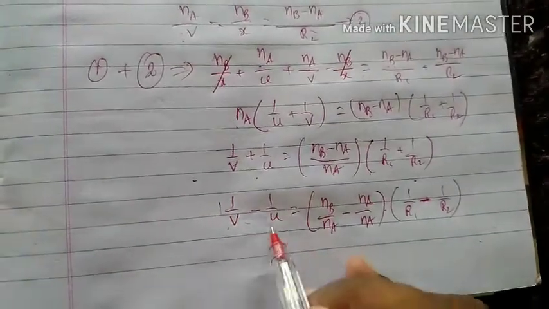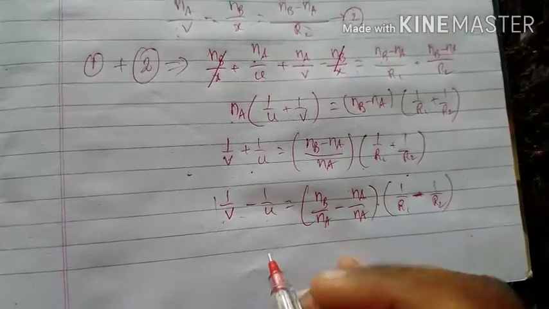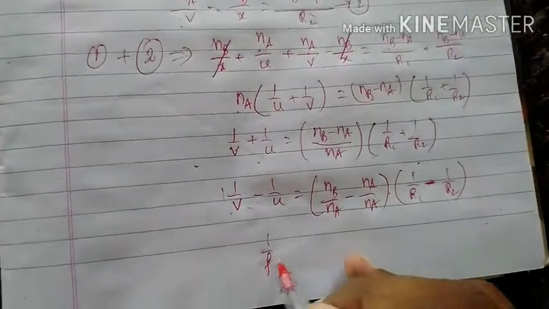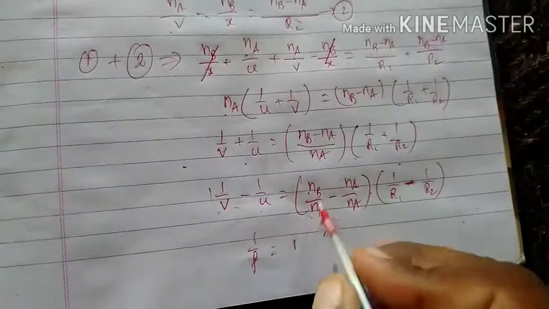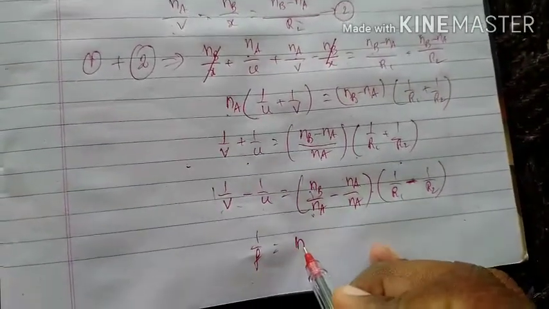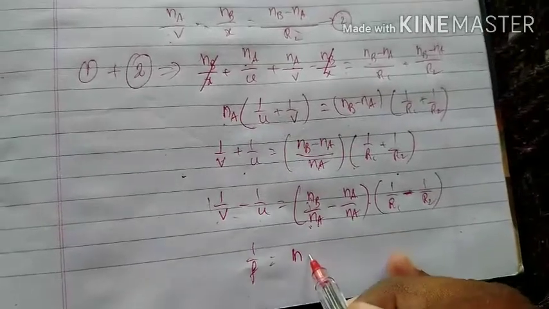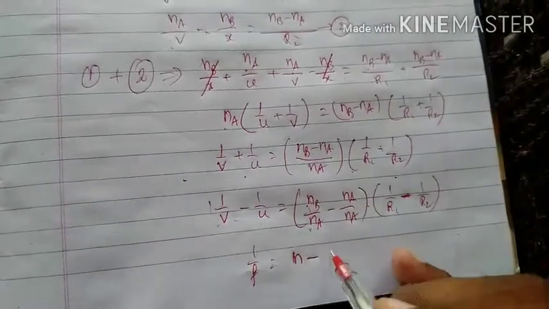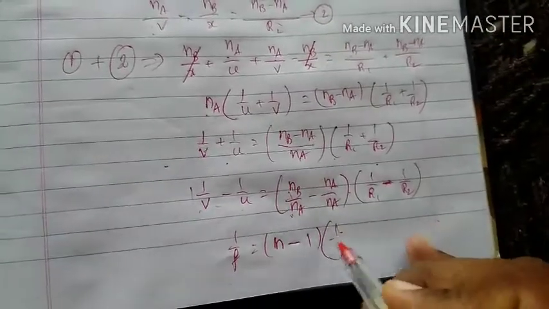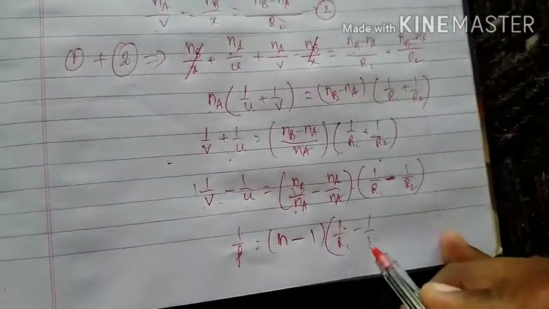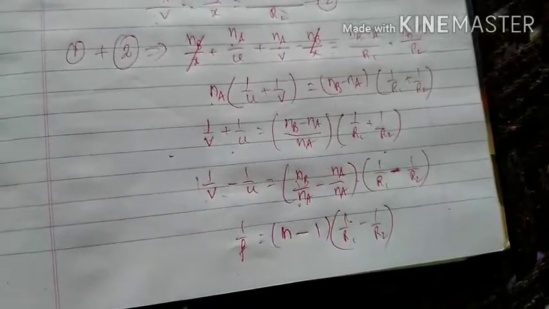Now 1 by V minus 1 by U, according to the lens formula, is 1 by F. Here NB by NA will be the relative refractive index n, minus NA by NA cancels, leaves 1, and we have in the bracket 1 by R1 minus 1 by R2.